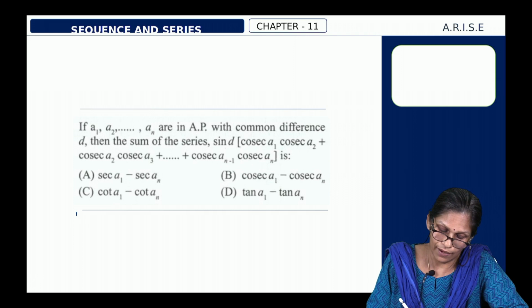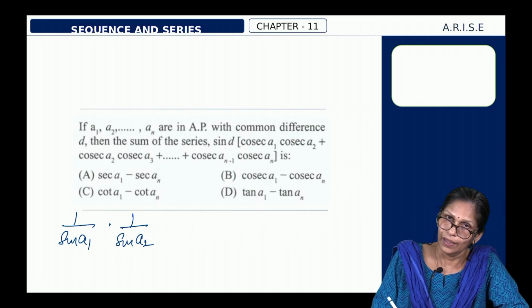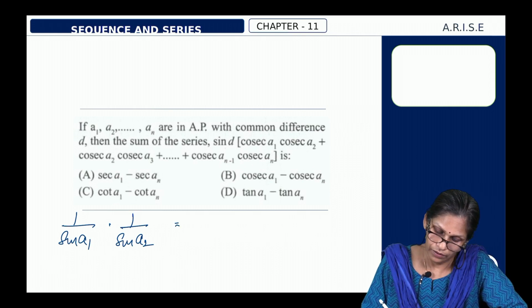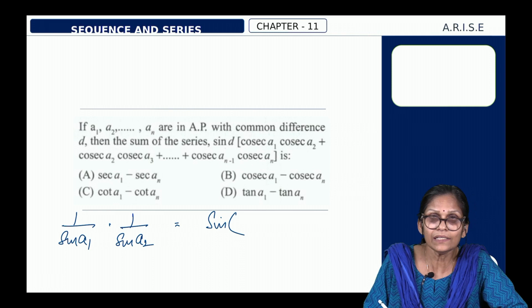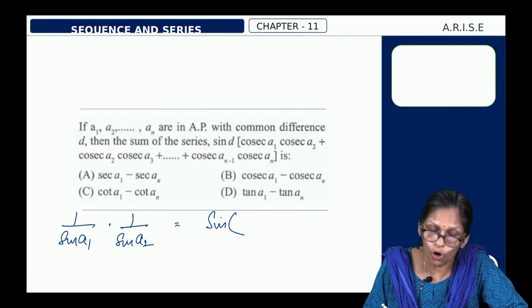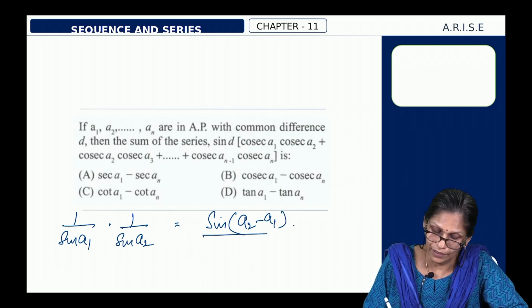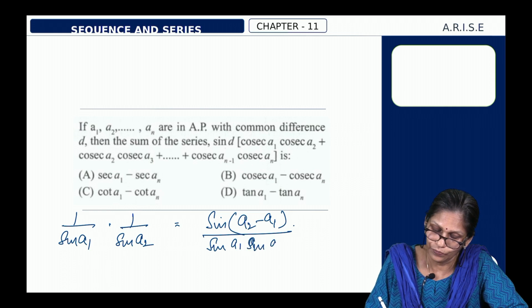It is cosec A1, that is 1 by sin A1 into 1 by sin A2. And there is a sin D also in the numerator. Now, this D being the common difference of this AP, isn't it sin of A2 minus A1 divided by sin A1 sin A2?